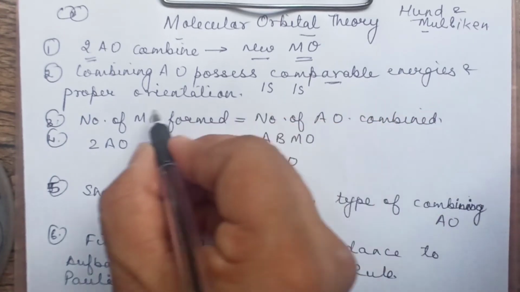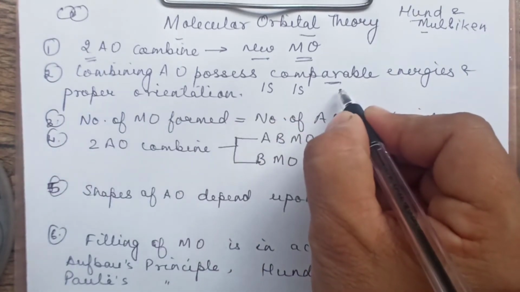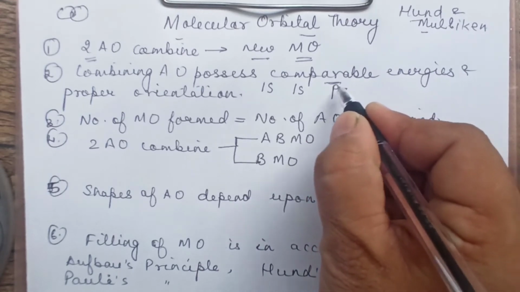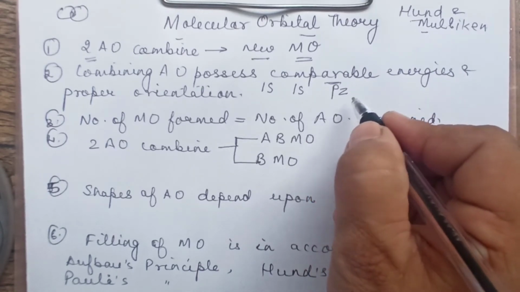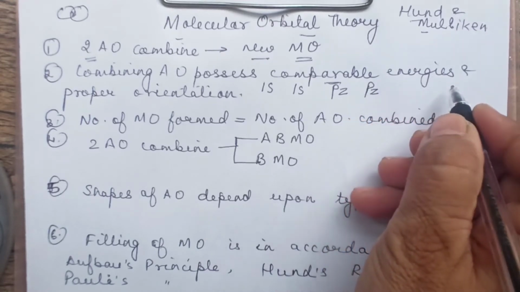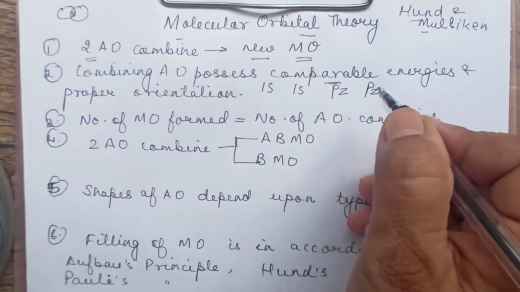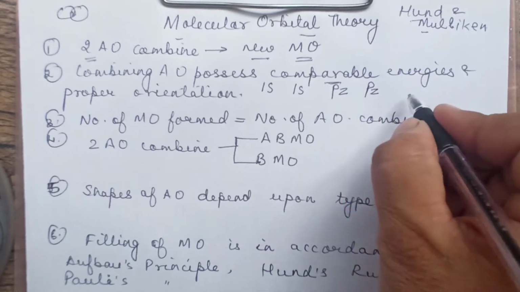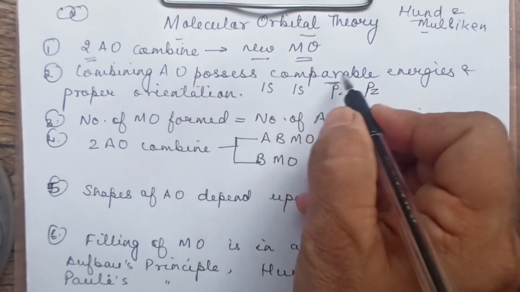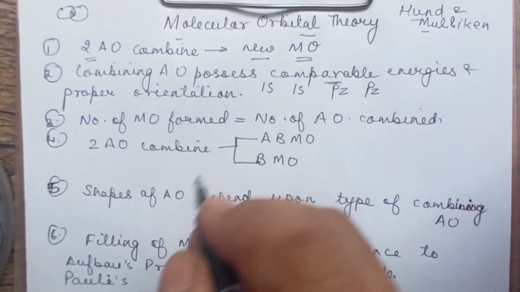As for proper orientation, by convention PZ is the internuclear axis. So PZ should combine with PZ only, PY should combine with PY, PX should combine with PX. The orientation is important and they should have comparable energies.